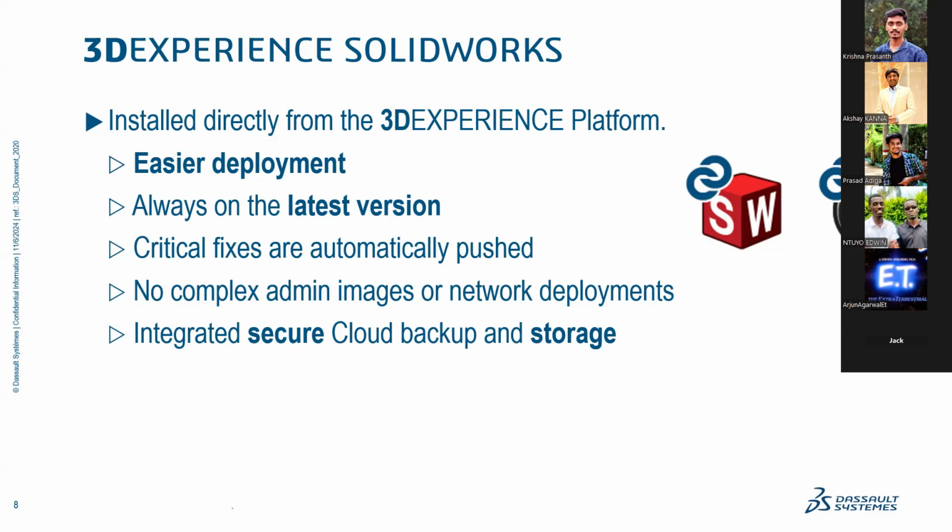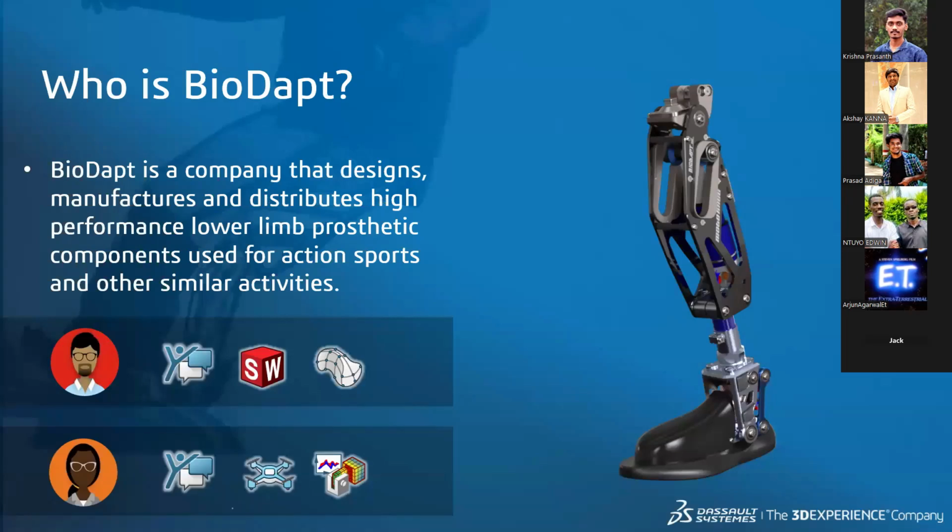Yes. So going further, I said I'll be telling you about BioAdapt. BioAdapt is a company that designs, manufactures and distributes high performance lower limb prosthetic components used for action sports and other similar activities.